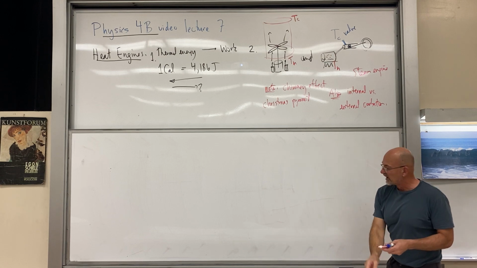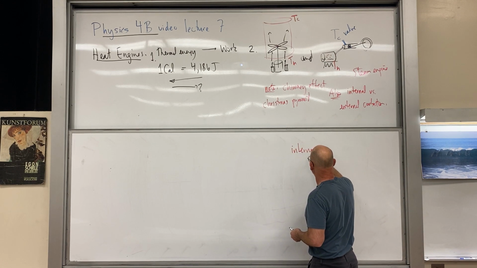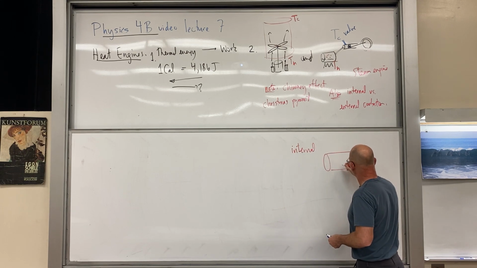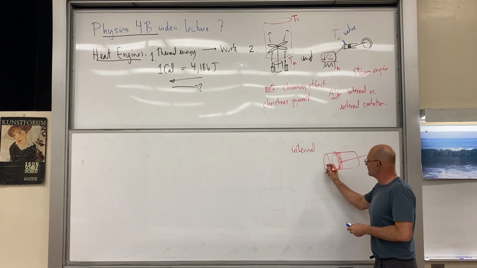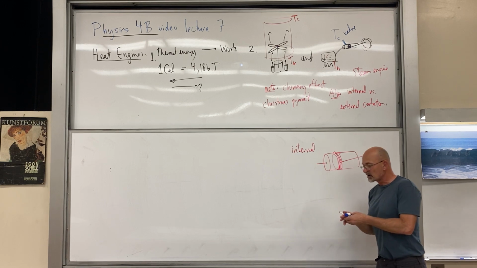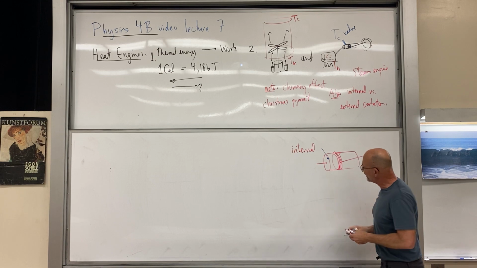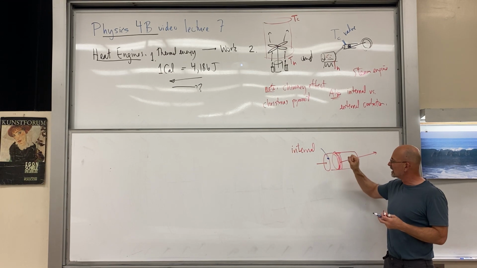The internal combustion engine has a cylinder with the piston inside, and a connecting rod. There's a spark plug or a glow plug. You're actually injecting fuel into this space here, and the combustion, the little explosion, occurs right here.